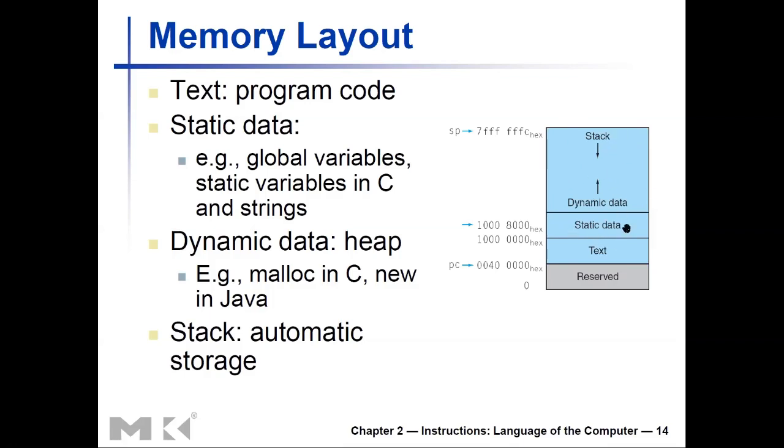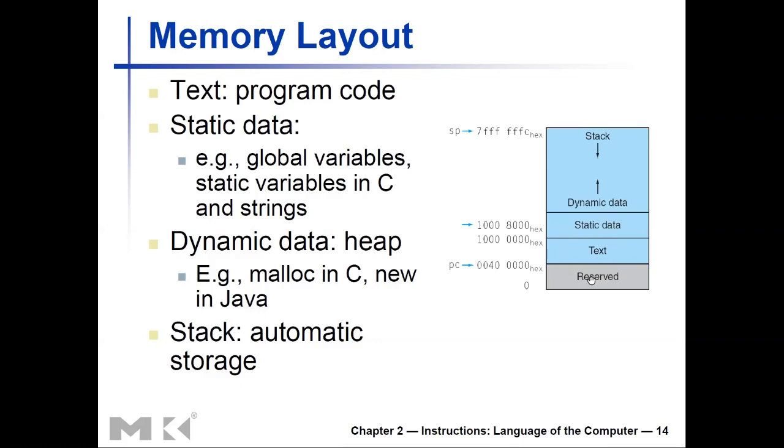Stack and static data section is there in the memory, and also the text segment in the memory, and also there's a reserved part. So this text part in the memory, that part is used to store the program code. So our program code or the instructions actually are stored in this part of the memory, the text part.